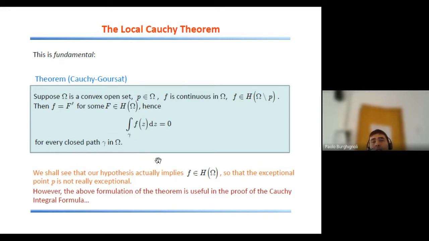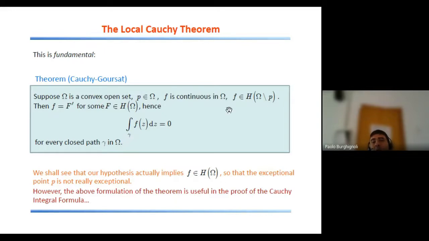Note that this region omega, in addition to being open, is also convex, and that's why this is a local version of the theorem. So this convexity assumption gives the local character to the theorem. We will be able to relax also this assumption, but we will do that in the second part of this lesson. What we will see is that this assumption actually implies that the function f is holomorphic in the entire region omega.